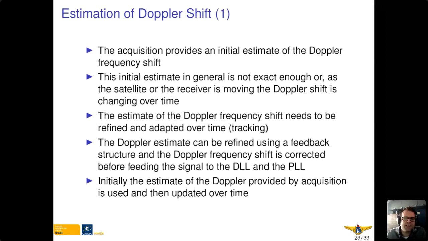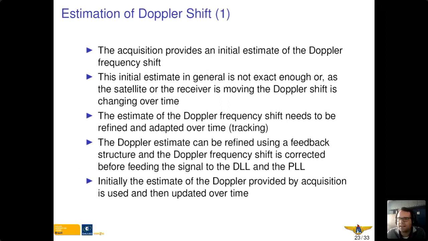As I already said, I will show here a structure with DLL, PLL, and FLL, but this is just one choice. Most of the receivers that you will encounter today just have a DLL and PLL, and they also track the frequency change with the PLL.